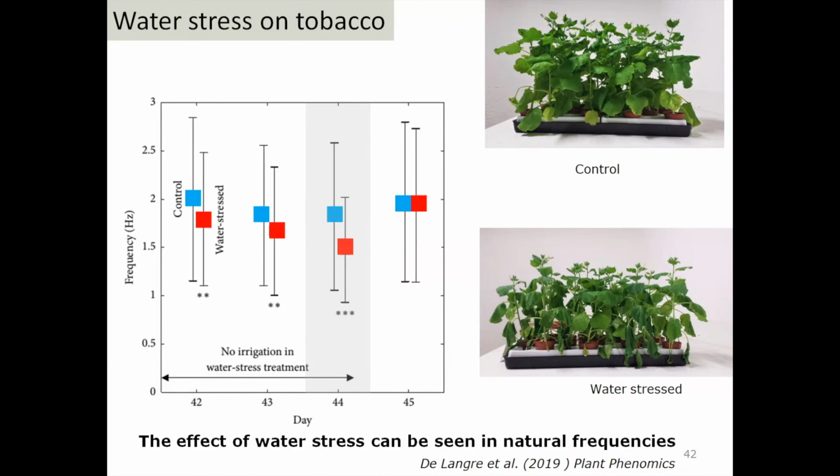For instance, if you want to know the effect of water stress on the mechanical state of the plant, you can measure the frequency of the, say, first vibration mode of the plant that you get by putting it on the machine. And you get an evolution of the frequency with time for a normal plant. It does evolve in time.